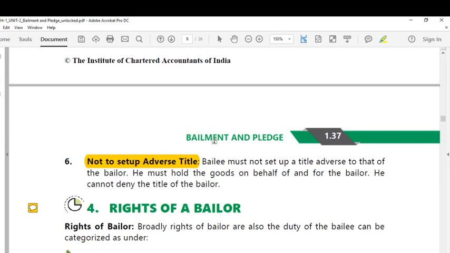If you remember these 10 duties, this could be a very good essay question for your examination, and you can write all the 10 duties, 4 under the bailor and 6 under the bailee, and you can get full marks. It is a very possible question under the contract of bailment and pledge. The contract of bailment is relatively bigger than the contract of pledge.